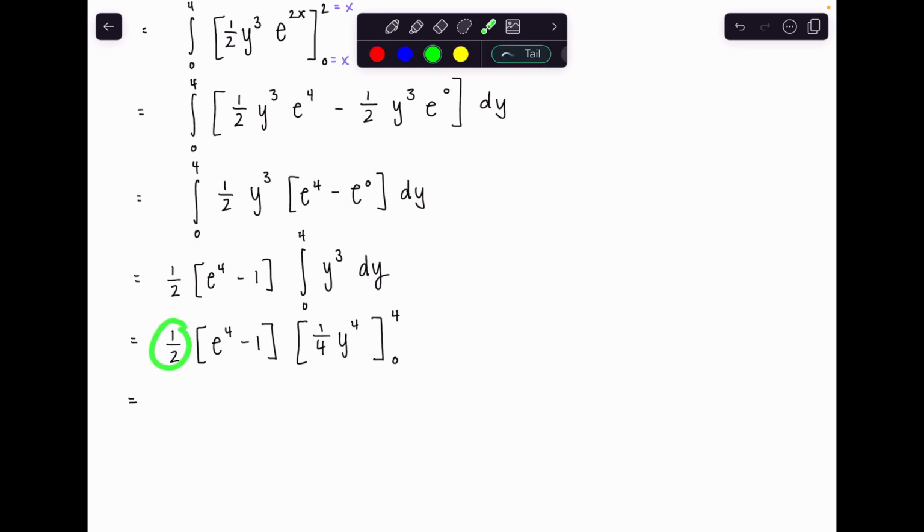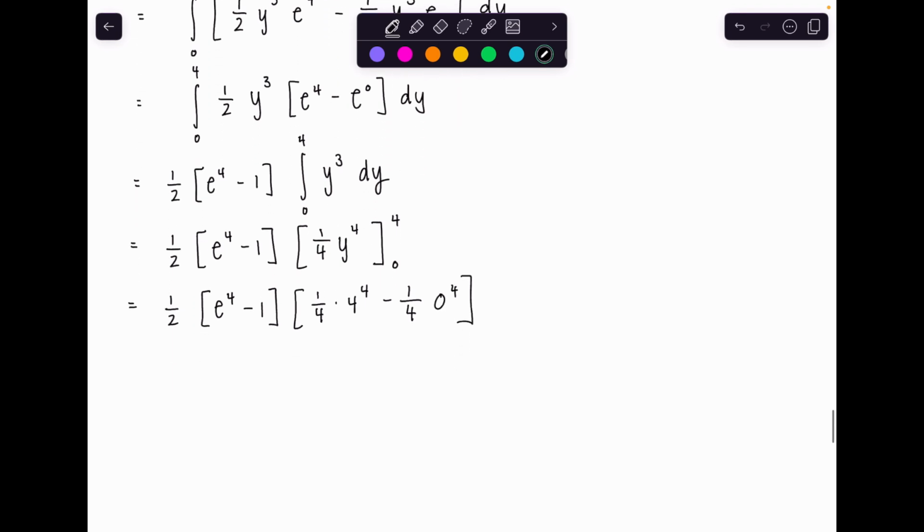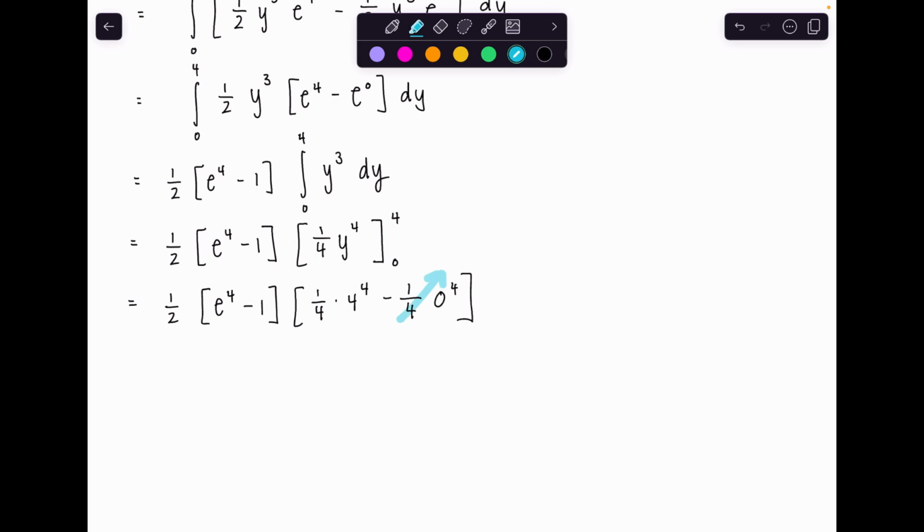So if I combine these two constants, 1/2 times 1/4 is going to be 1/8. Or also you can go ahead and just evaluate this. I'll do it that way just to show you. This would be 1/4 times 4 to the 4th minus 1/4 times 0 to the 4th, which thankfully just turns to 0.